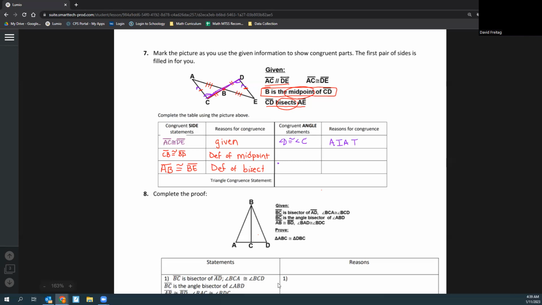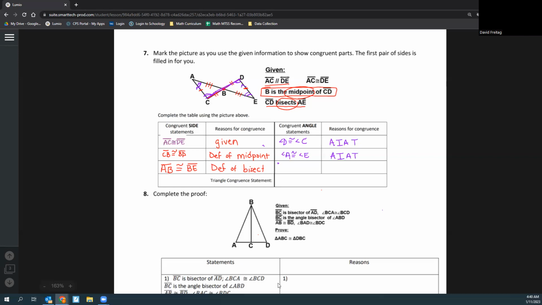AE is also a transversal. So here and here are also the same. They're different than C and D. But I know that A is congruent to E is also alternate interior angles theorem.